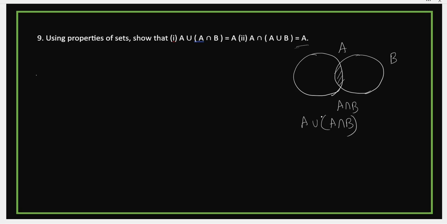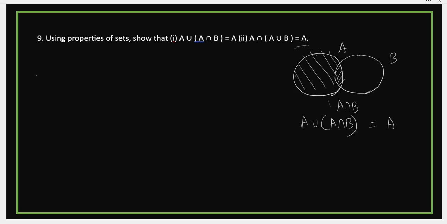The same thing I did in the previous question, I'm repeating it here. This A and union A intersection B, this portion. Again, this portion is repeating. This is A itself, right?